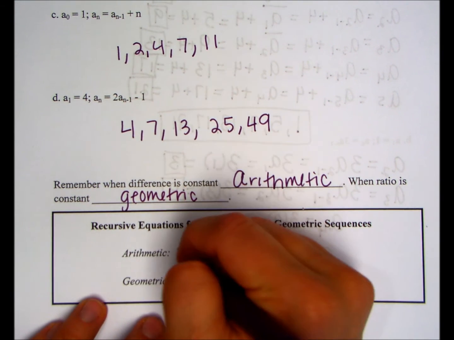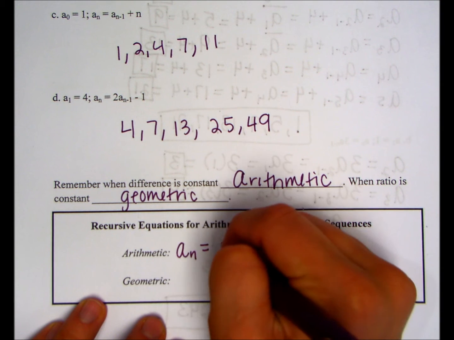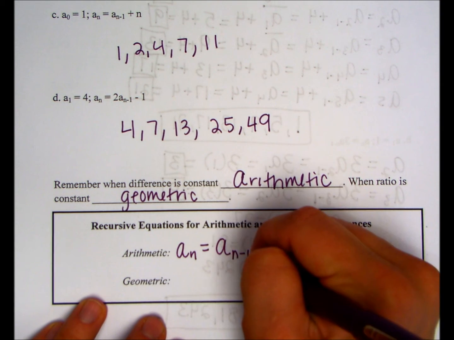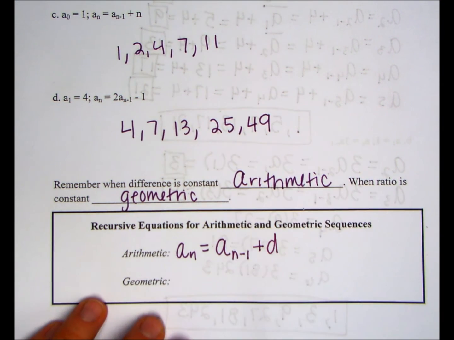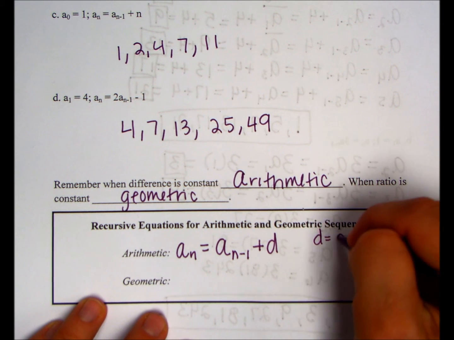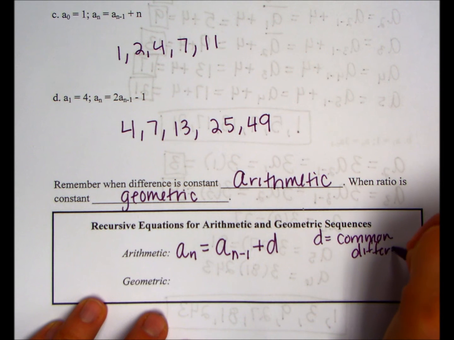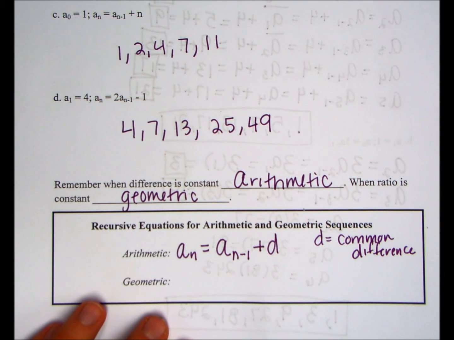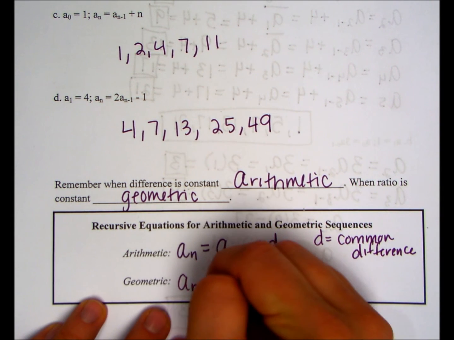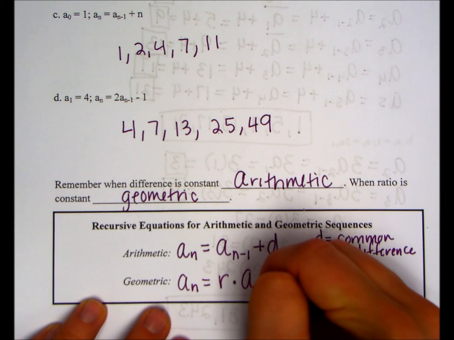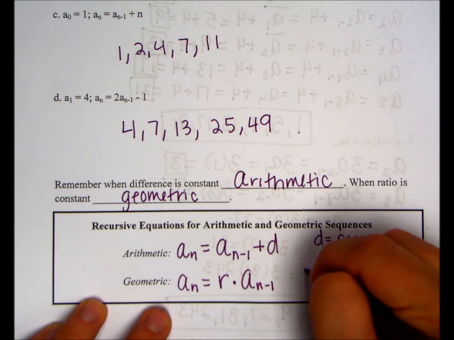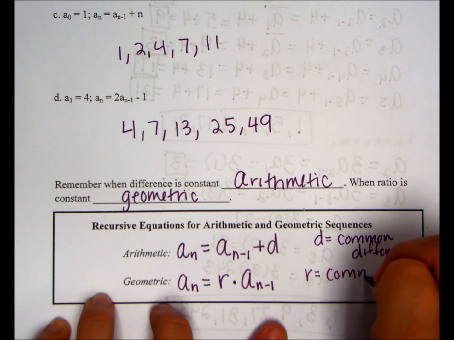So for arithmetic, it's a of n equals a of n minus 1 plus d, where d is the common difference. And my geometric is a of n equals r times a of n minus 1, where r is the common ratio.